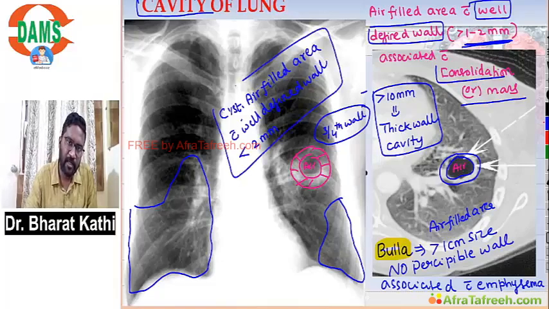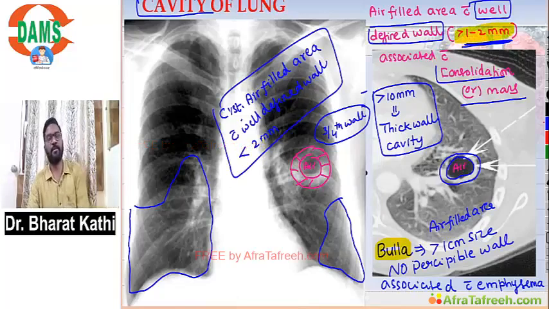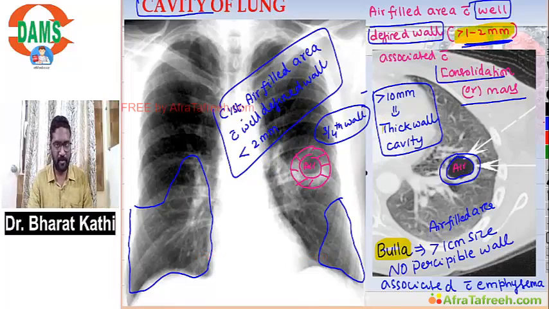Now tell me, if you take 1 to 2 mm as a cavity, less than 2 mm is called a cyst. So don't call it a thin wall cavity. If it is more than 10 mm, it is a thick-walled cavity. The usual thickness of a cavity varies from 1 to 2 mm.